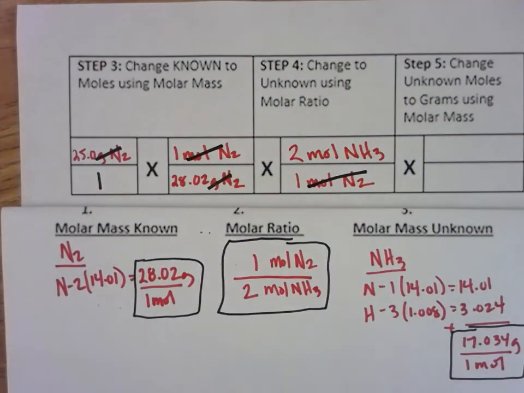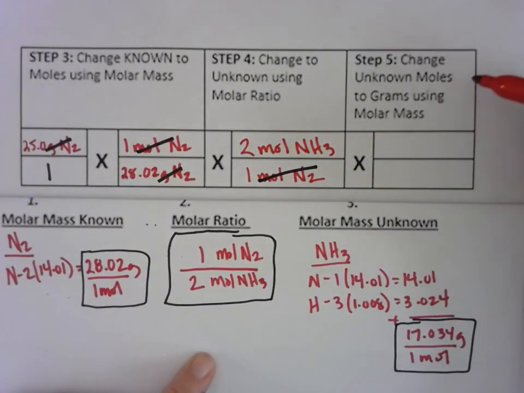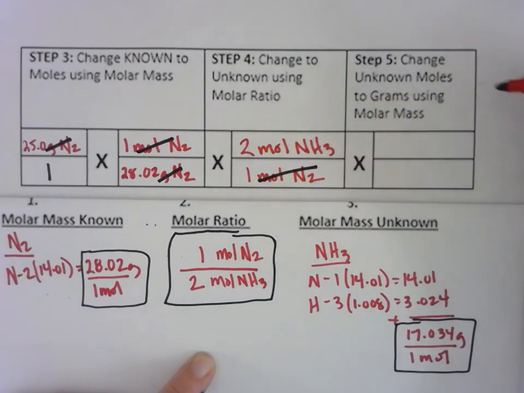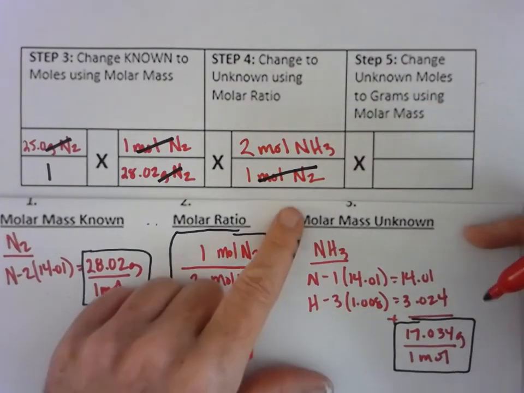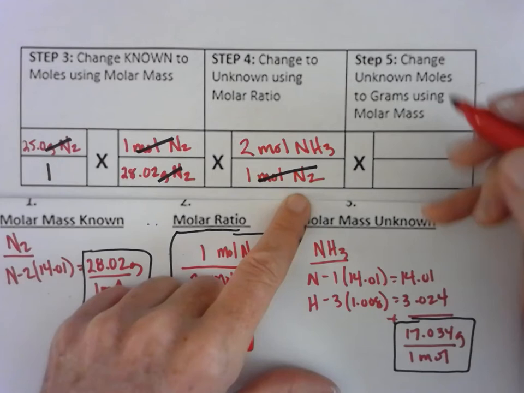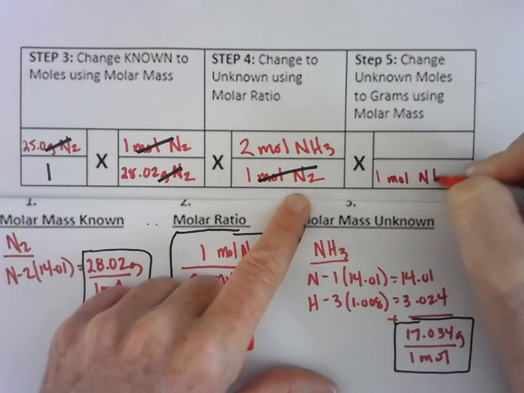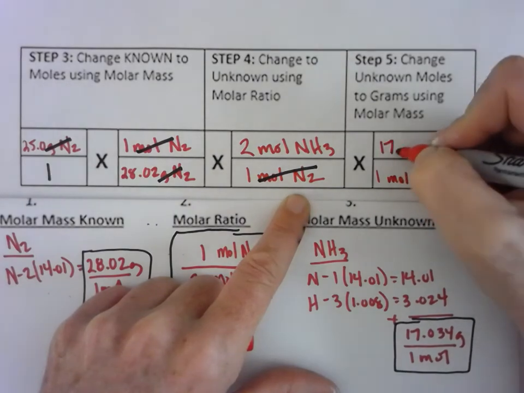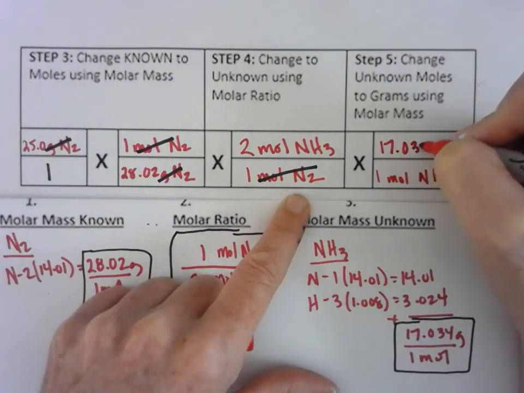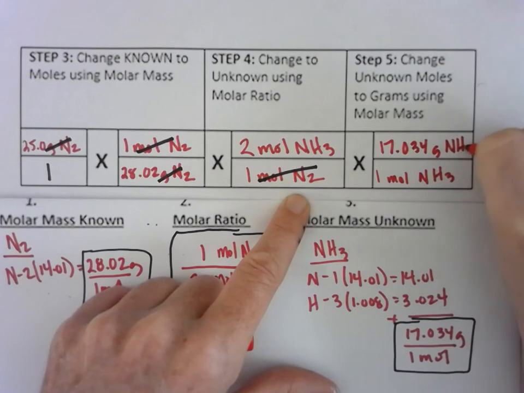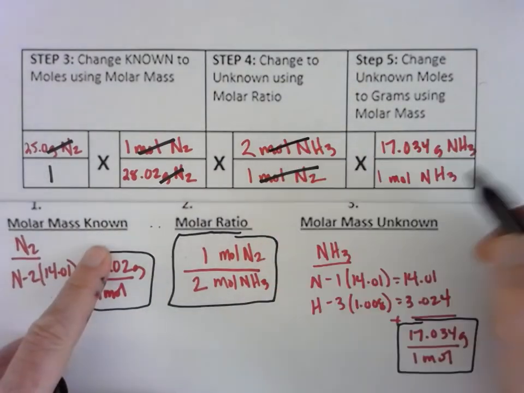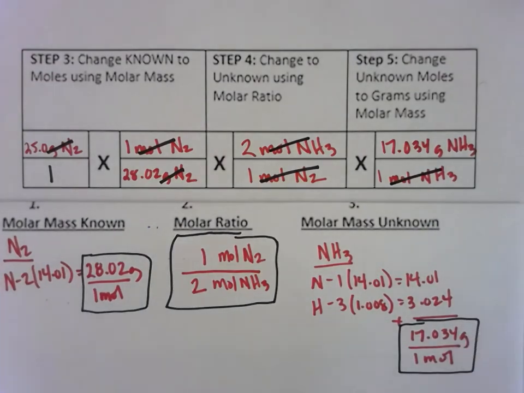Now I'm in moles of NH3, and I'm going to change the unknown moles into grams using its molar mass. The mole here is on the top, so I'm going to put 1 mole NH3 on the bottom. I got that from right here, and 17.034 grams NH3 on top. Cross those out. I've used all the things I need.